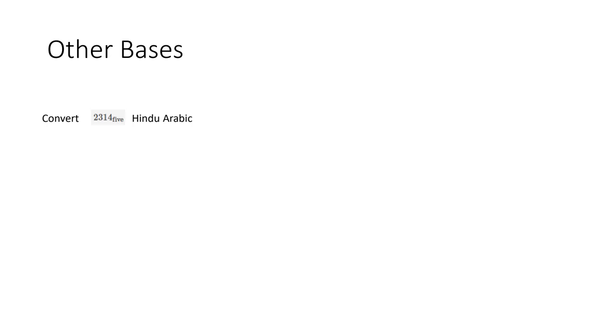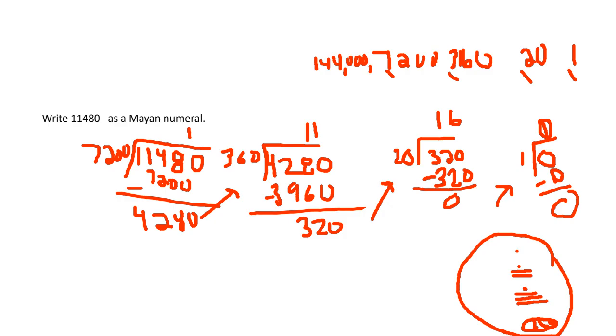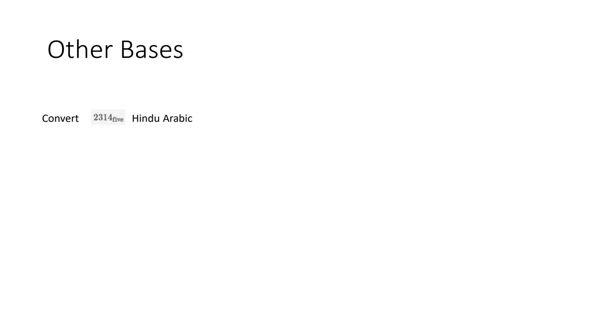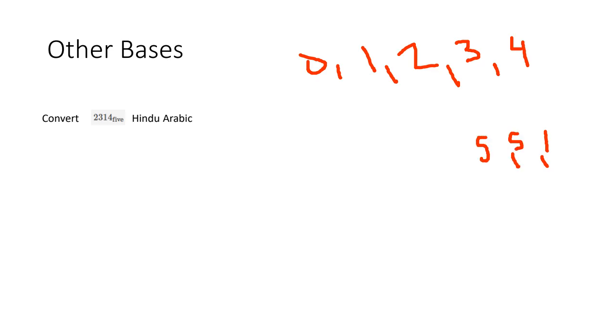Okay, and so just really quick, if you're in base 5, then you only have these numbers 0, 1, 2, 3, and 4. And your place values are the ones, the 5 place, 5 squared, 5 cubed, and so on.